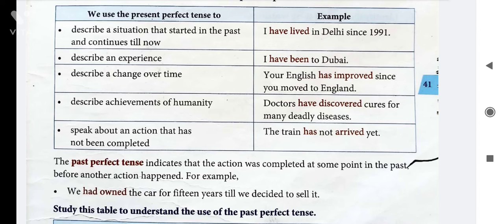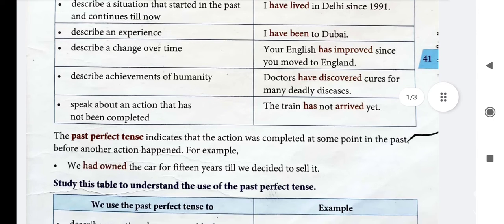And in this, we will be using the verb in the past participle form. It is going to be used in perfect tenses, whether it is present perfect, past perfect or future perfect.